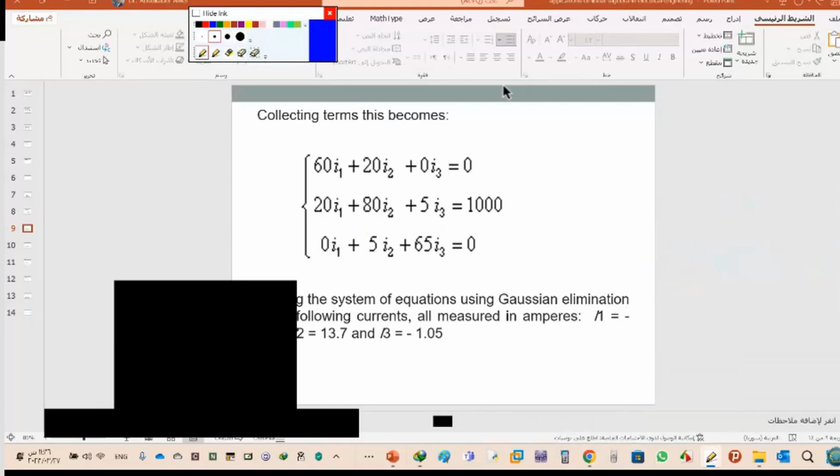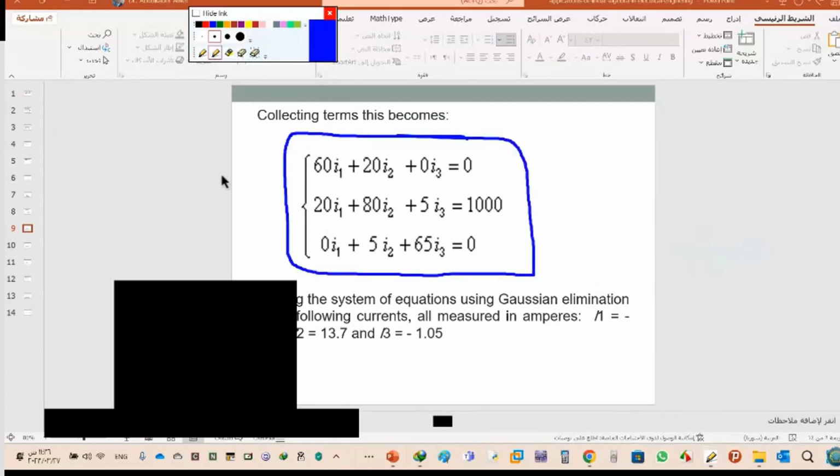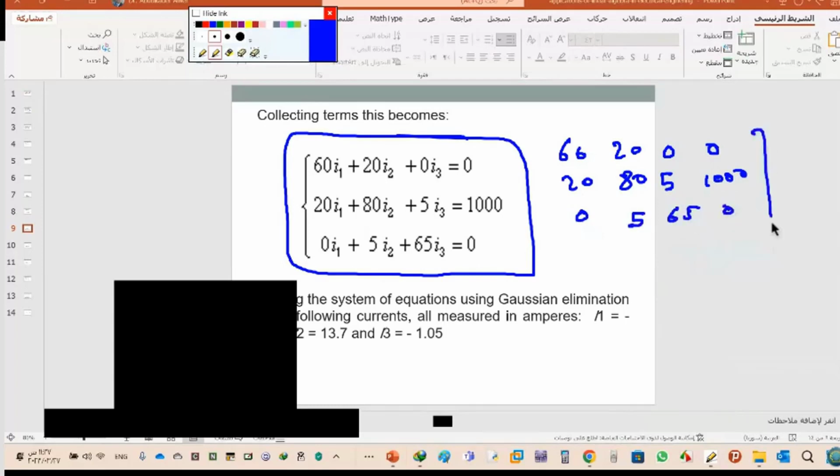Now as you see here, we're converting circuit theory to be like this. How can we solve this? You can solve this with an augmented matrix: 60 20 0 0, 20 80, 5000 0 5 65 0. Then you can solve based on the augmented matrix to find the values. You have many ways.